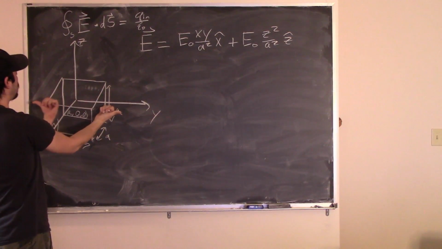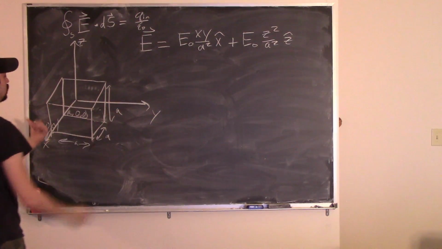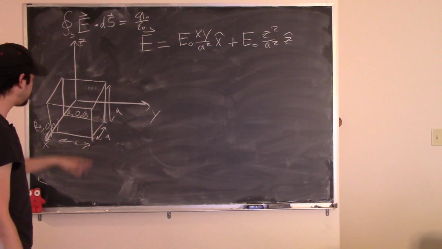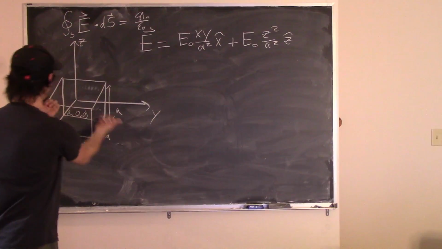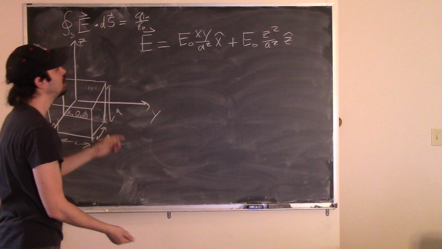This one has a unit vector that points in the negative y direction. And because of that, there's not going to be any flux out of either one of these 2 surfaces because our electric field doesn't have any component in the y direction. So we're down to 4 integrals instead of 6.